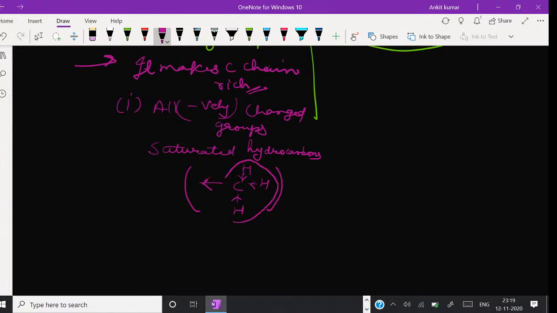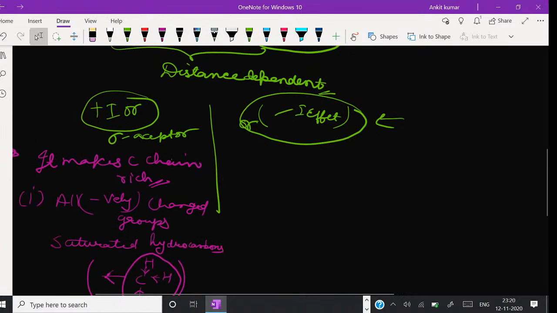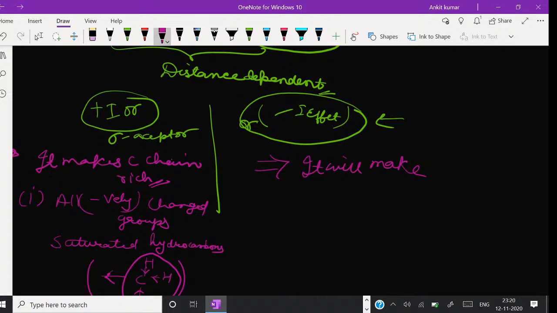So here this group will be showing plus I effect. Minus I will make the group electron deficient.